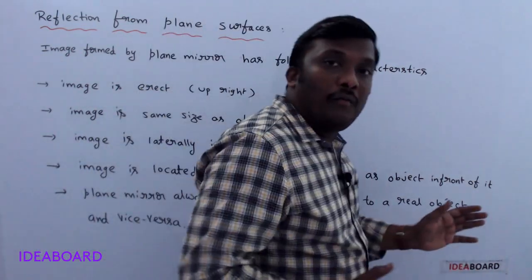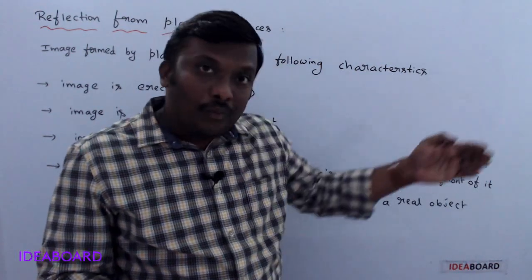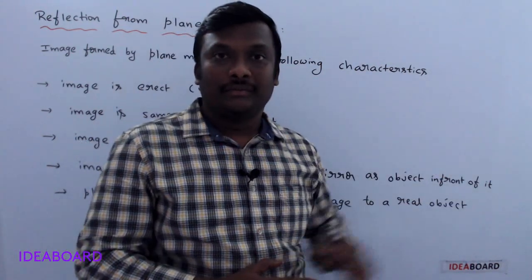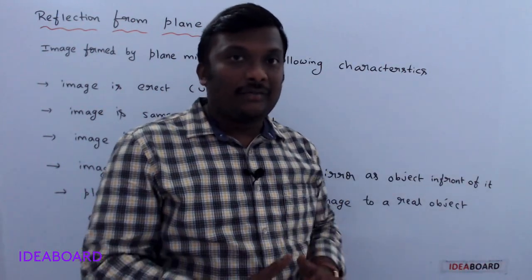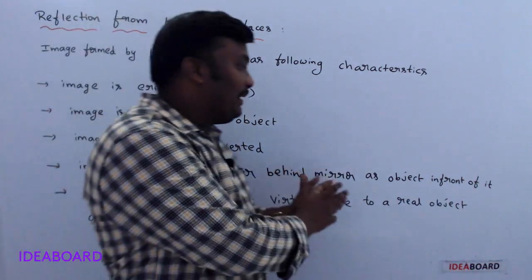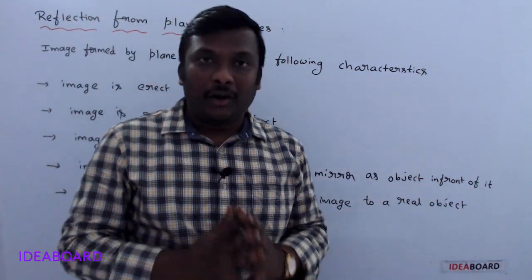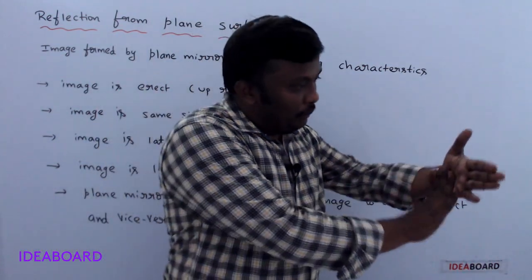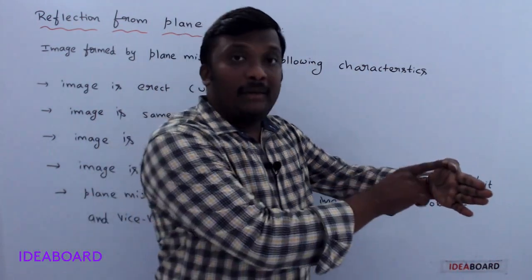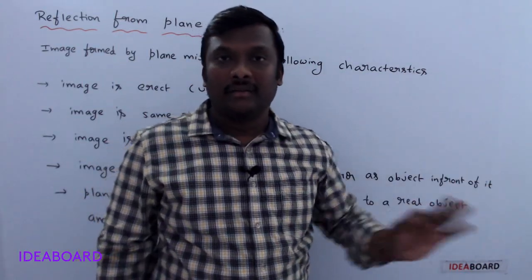If I move towards the mirror, then the image inside the mirror also moves towards the mirror. That's why always keep in mind the image is located as far behind the mirror as the object in front of it. Do you understand now? Before the mirror, if you stand at 5 meter distance, the image is also at a 5 meter distance inside the mirror.